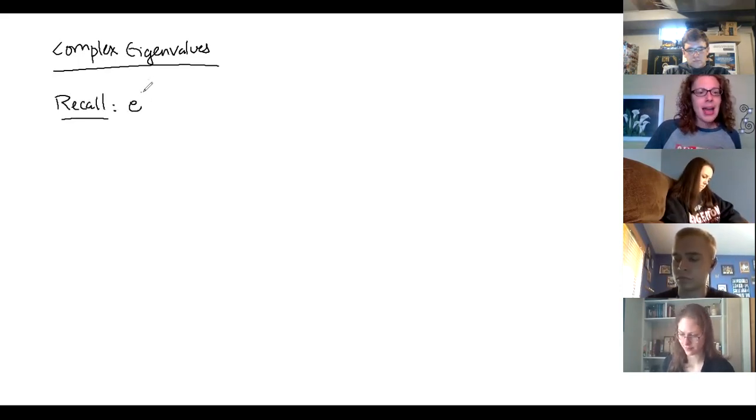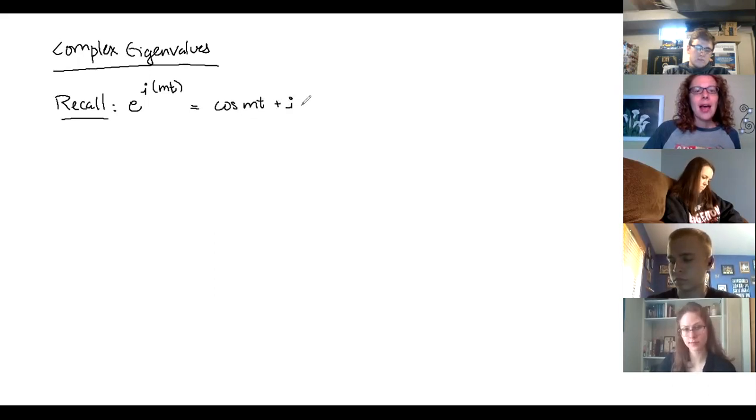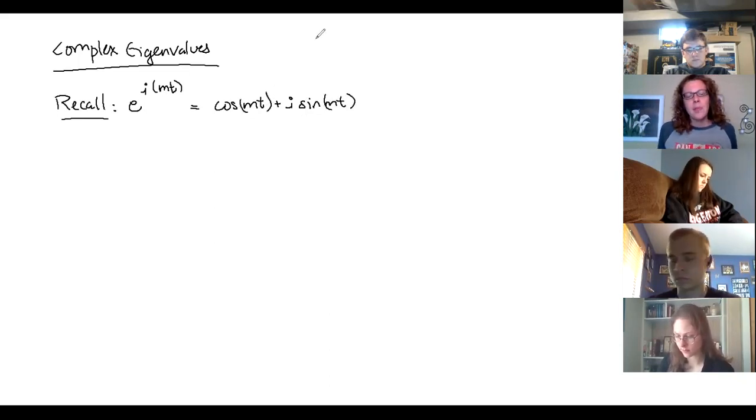So remember that e to the i times mt, you can split that up: cosine of mt plus i sine of mt. I think that's called Euler's formula. So Euler's formula, all right?